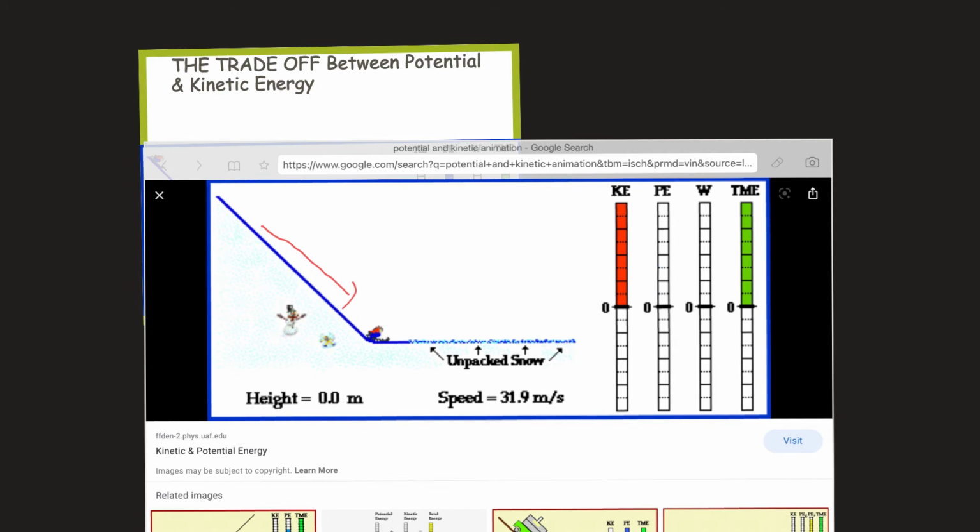Then the kinetic energy is fully transformed into work done by the frictional force, because you have unpaired snow, which is friction. But whatever happens, your total mechanical energy is always constant. If something increases, something else must decrease, to make sure that your total mechanical energy is always conserved.